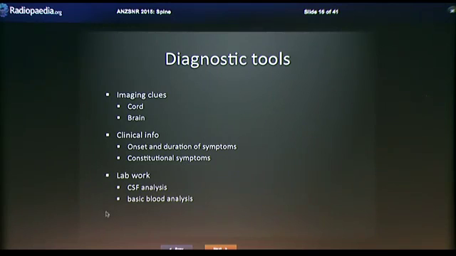Usually at the time you're doing imaging, there's at least a full blood count, possibly an ESR, and often you'll have access to the results of a basic CSF analysis. So once you've looked for all of your imaging clues as to specific diagnoses, then you can start using these to cull down your differential.